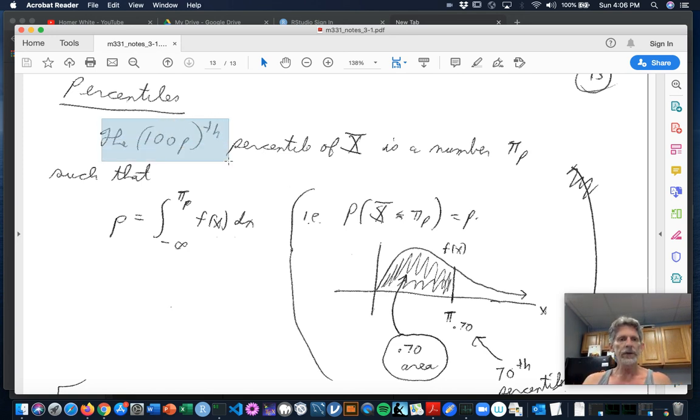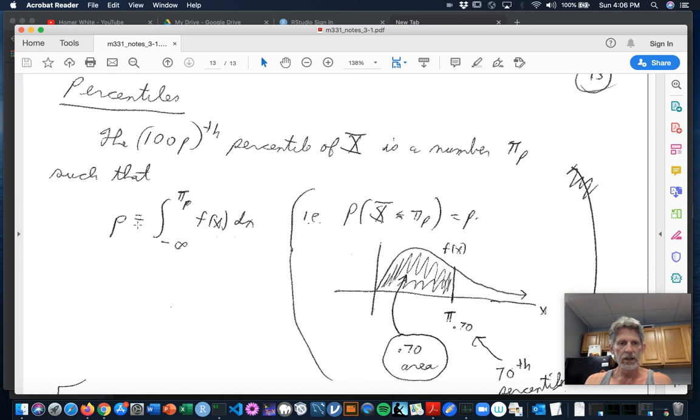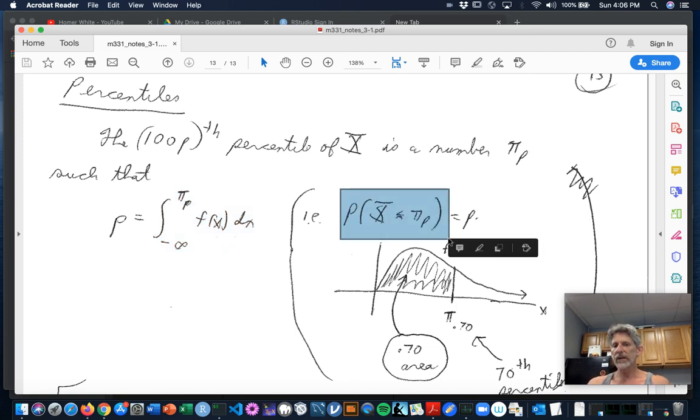The 100p-th percentile of a random variable X is a number that I shall write pi sub p, just a fixed number, which has the property that the integral from minus infinity to pi p of the density function is p. Now the integral from minus infinity to pi p of the density is the chance that the random variable is less than or equal to pi p.